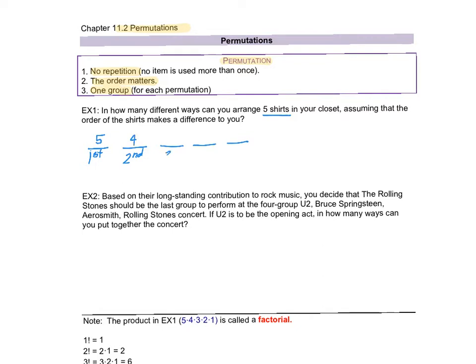When I choose the third shirt in the closet, I now only have 3 shirts left, and so on. So we just multiply all of these together, 5 times 4 times 3 times 2 times 1, and that will give us 120. So there's 120 ways that you can arrange 5 shirts in your closet.